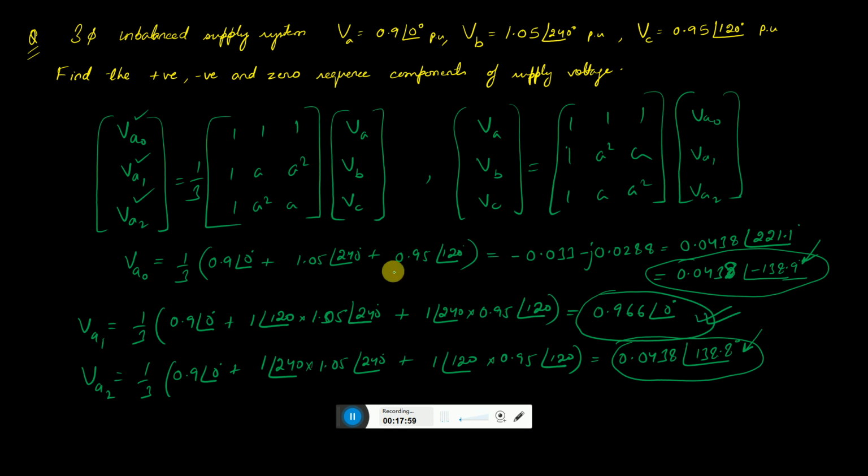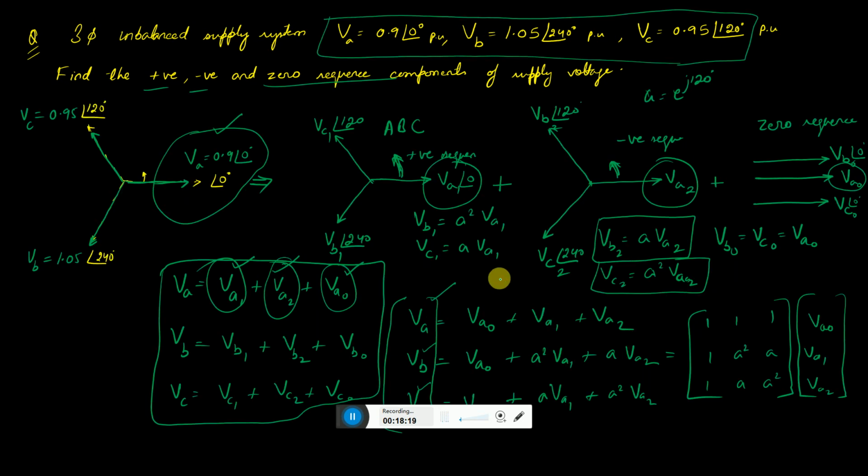supply system. That is why we need to keep the three-phase voltages equal, and if there is an unbalance, it leads to zero sequence and negative sequence voltages.